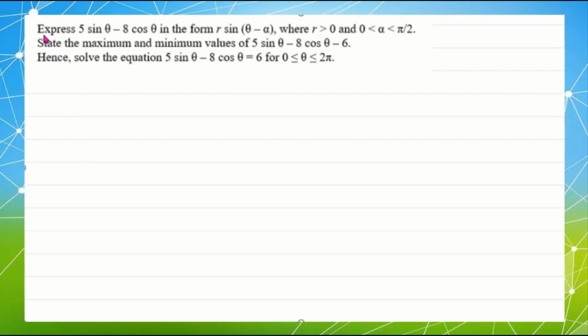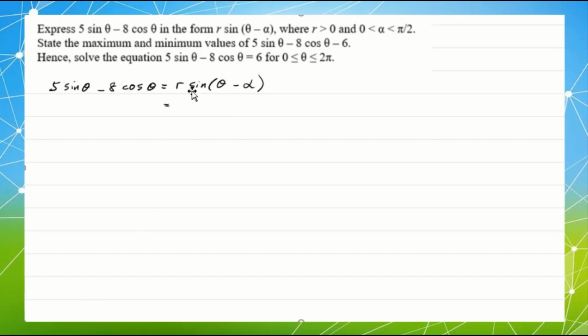Now first, express 5 sin theta minus 8 cos theta in the form R sin of theta minus alpha. This means that we need to change 5 sin theta minus 8 cos theta into R formula. We can see that the R formula has been chosen, that is, we must use R sin of theta minus alpha.